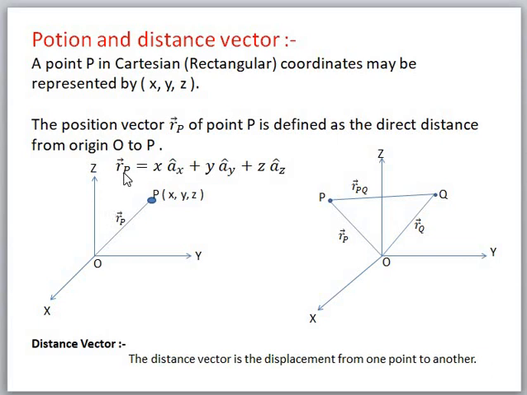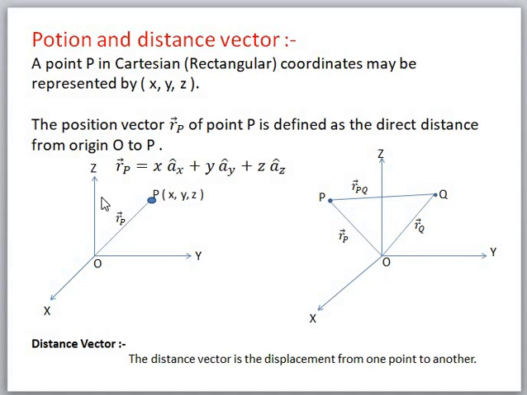We can write it in this form: vector R_P is equal to x a_x cap plus y a_y cap plus z a_z cap. This is the representation of the position vector.